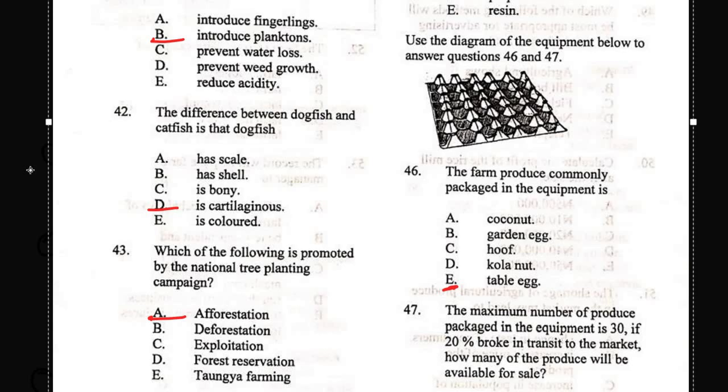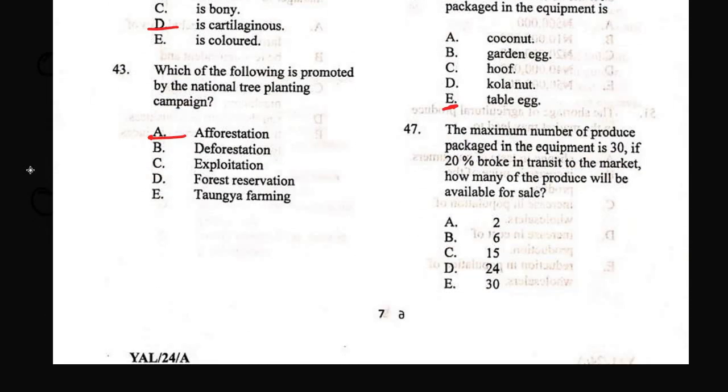We are going to do a little calculation in question 47. The maximum number of produce packaged in the equipment is 30. If 20% broke in transit to the market, how many of the produce will be available for sale? Let the total number be 30.